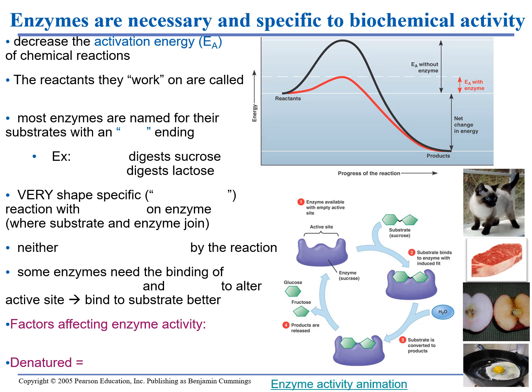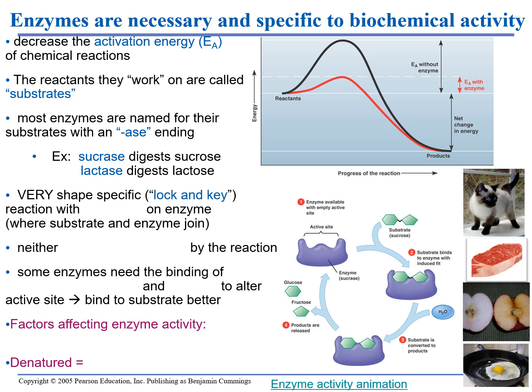The reactants, they work on what are called substrates. So most enzymes are named for their substrates with an ASE ending. Some examples are sucrase and lactase. They are very shape specific. You can compare them to a lock and key.